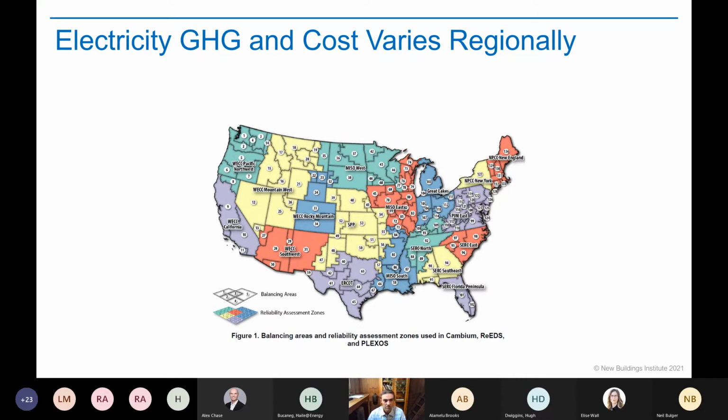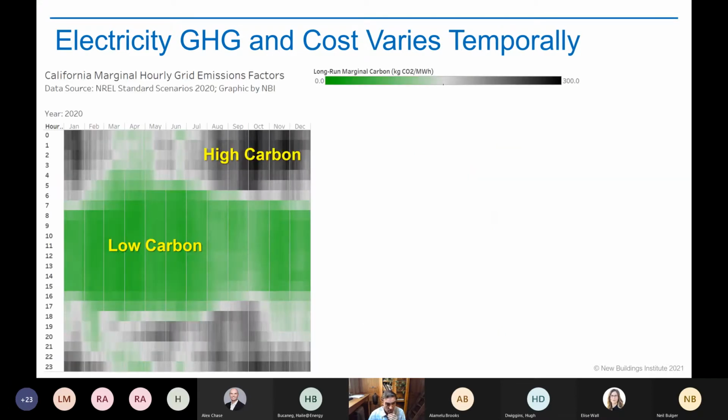And as I noted, they're different. So CalBEM has data on the state level, and we can talk about that as a data source in a little bit if we'd like to. Also at this more granular balancing area level. The point is that they're quite different and sometimes surprisingly different, even though places may be right next door.